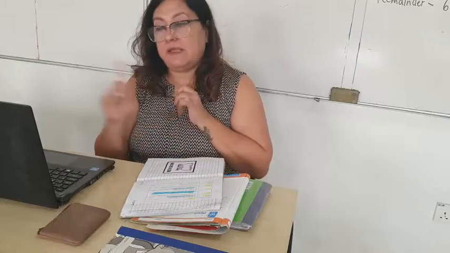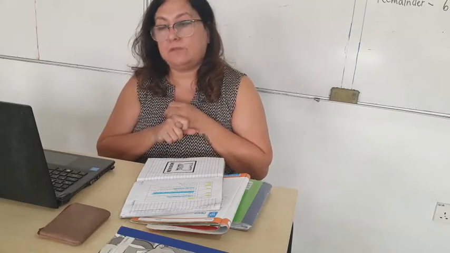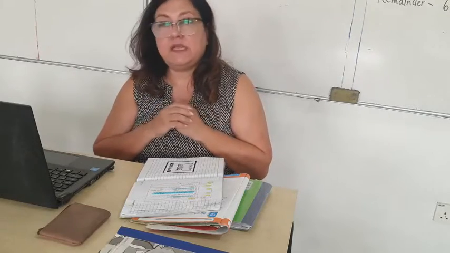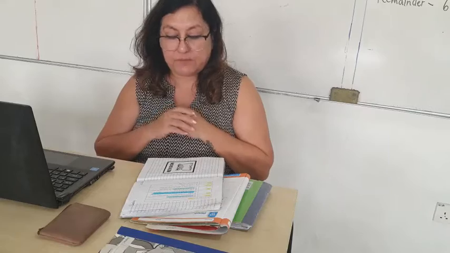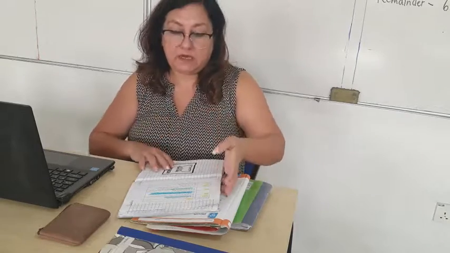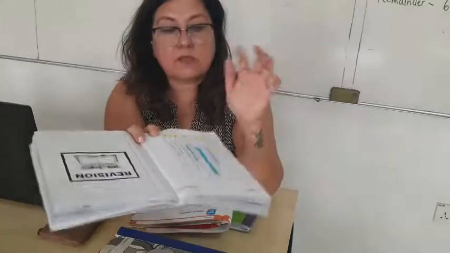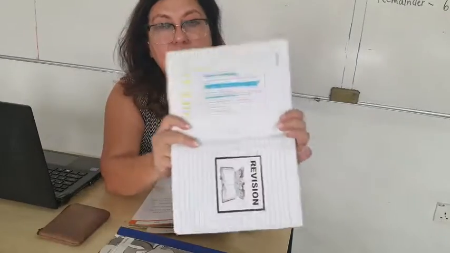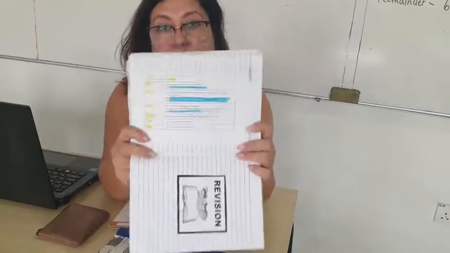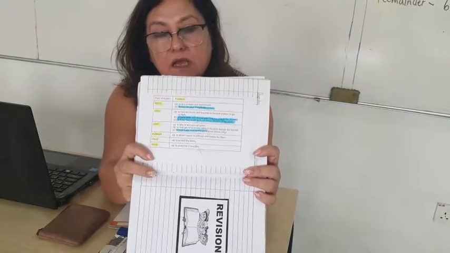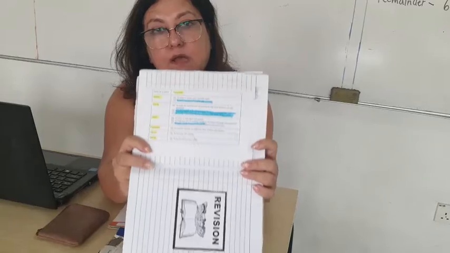First, label the parts. I think you all know the parts: roots, stem, leaf and flower. Label it, and then you need to state the function. In term 1, I gave you this little worksheet. If you go back to your term 1 book, you can see the functions of the parts of a plant.